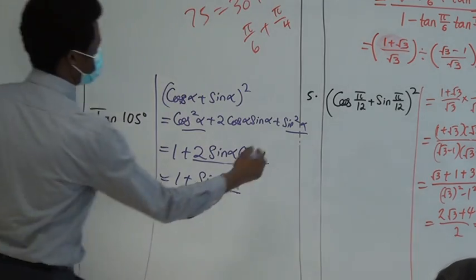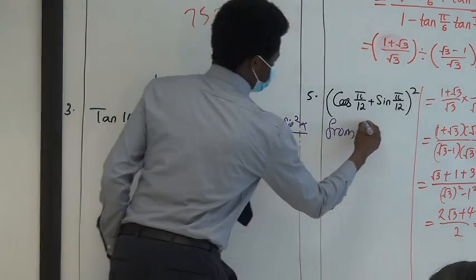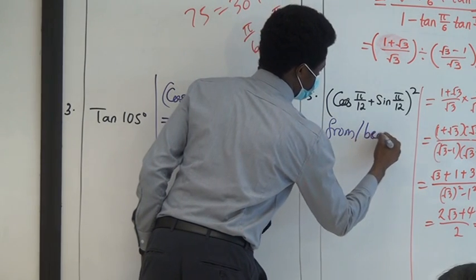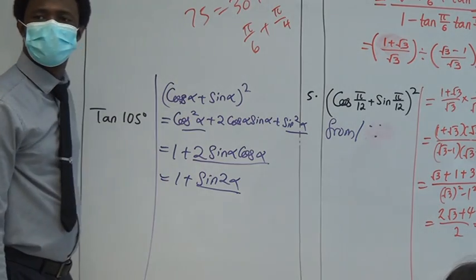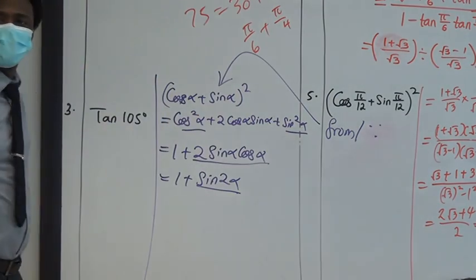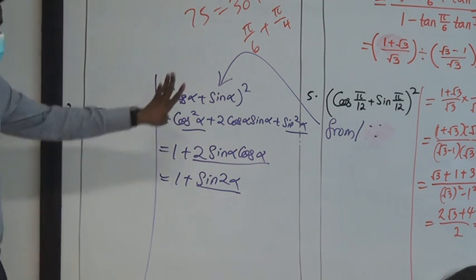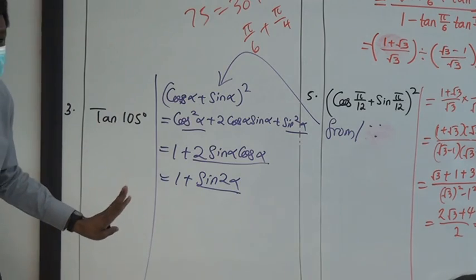So what I will say is from, okay, or because, which of course is just the inverse of that, therefore, okay, or since, you write this. Of course, not in terms of pi. You can leave it in terms of alpha. So you are more or less showing the identity first, if you want to.